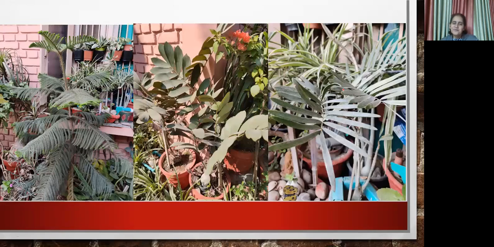Now you can go through these pictures. These pictures are the natural pictures. In the morning, I have taken these pictures and presented here for you. These all are Gymnosperms in my house, in my home garden. One Gymnosperm in your college garden or college middle portion, that is the Cycas. Cycas circinalis is there. These are other Gymnosperm.